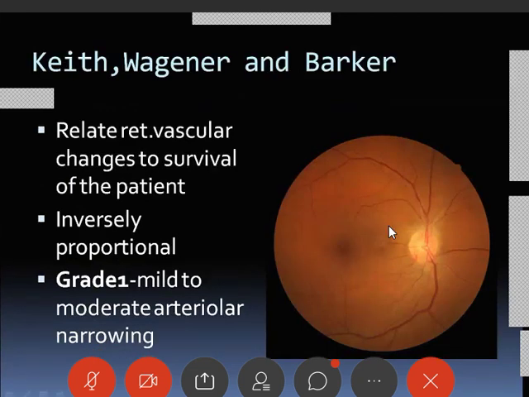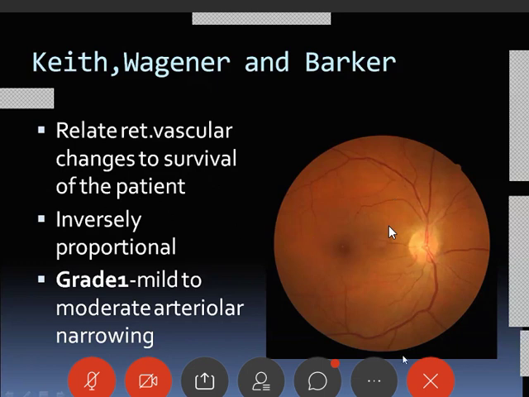Then coming to the classification of hypertensive retinopathy. The commonly used classification is the Keith-Wagener and Barker classification. This classification relates the retinal vascular changes to survival of the patient.